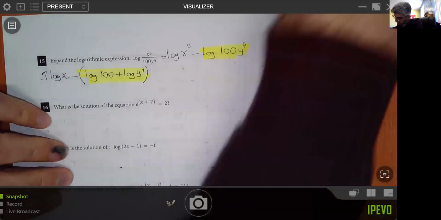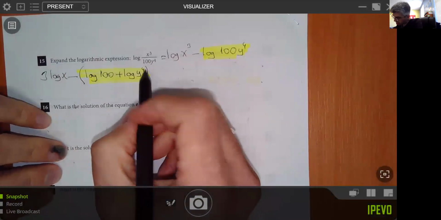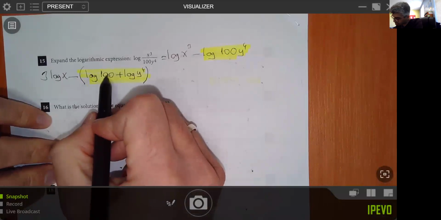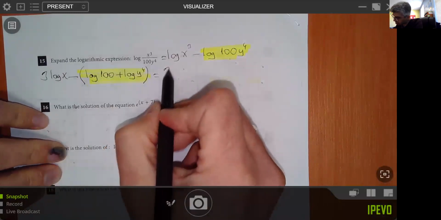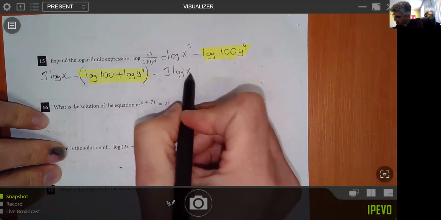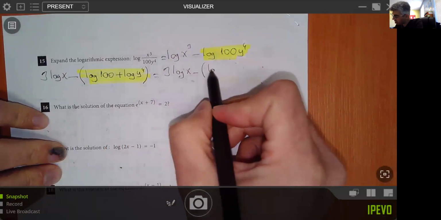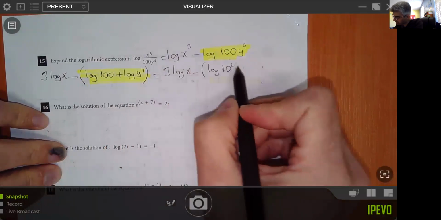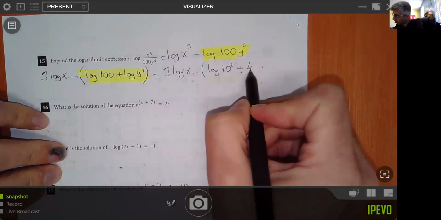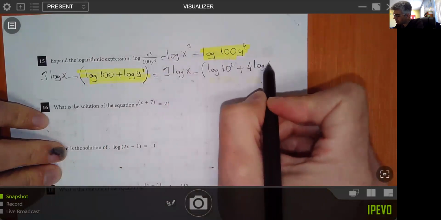Well, there are some other simplifications here. This 100 can be written as 10 squared. So the first one is okay. I have 3 log x minus, in parentheses, log 10 squared plus 4 logarithm y.